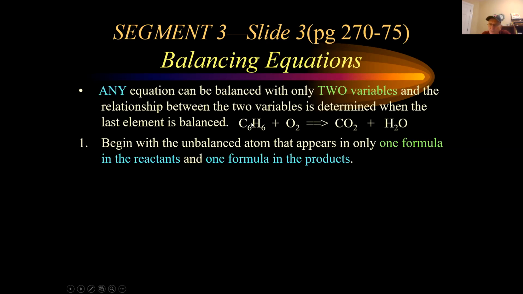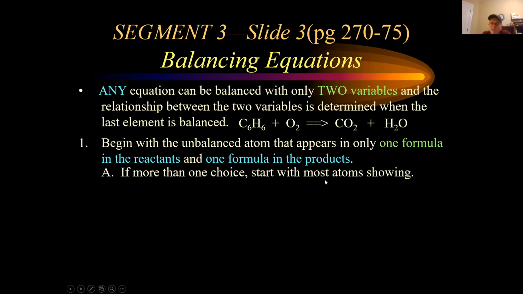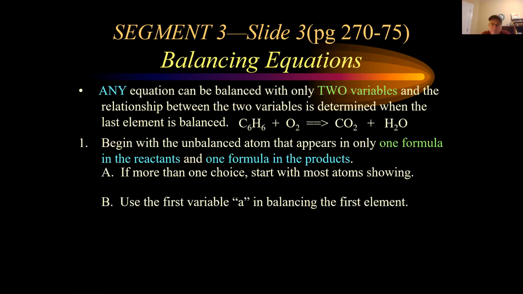Oxygen's in several places, so we wouldn't pick oxygen, but we could pick either carbon or hydrogen. And what I would like to do is pick the one that has the most atoms showing. Well, there's 6 carbons and 6 hydrogens, so it wouldn't matter. I could start with either one. The other one would be the next thing that I would want to do.